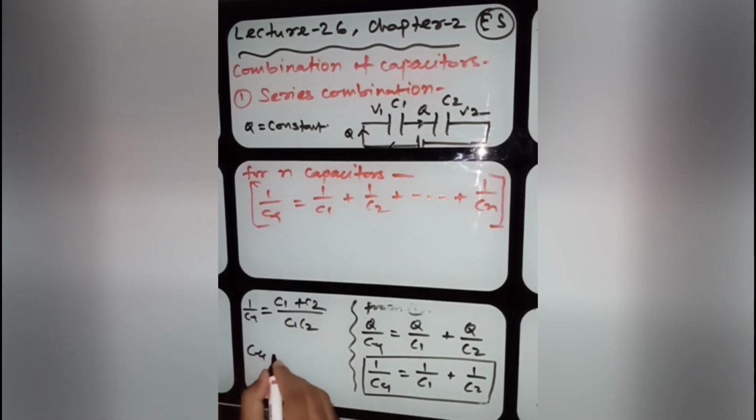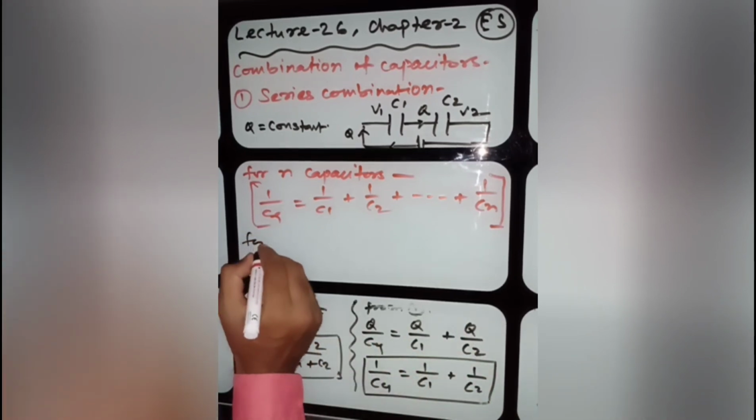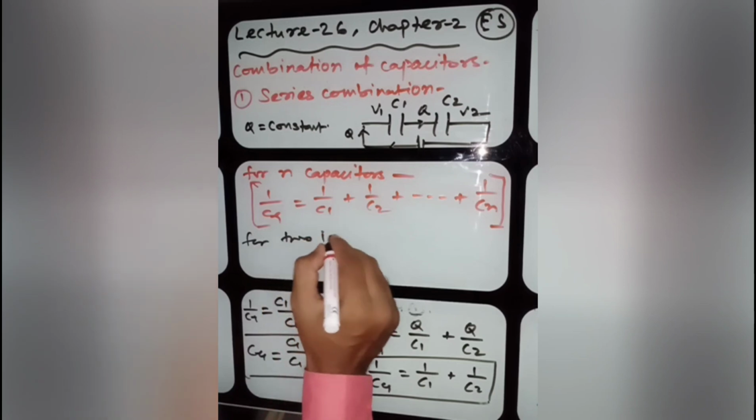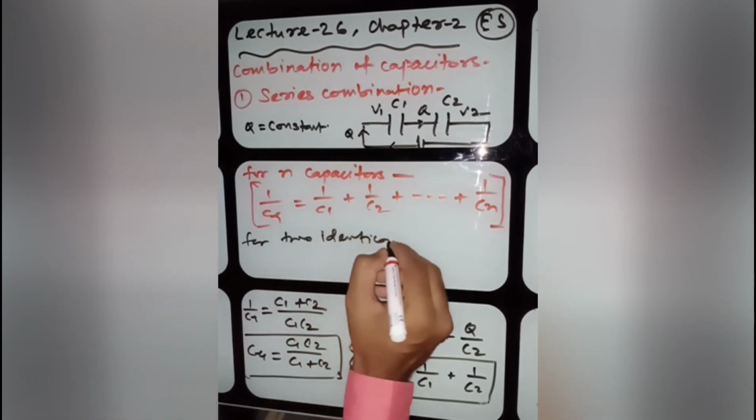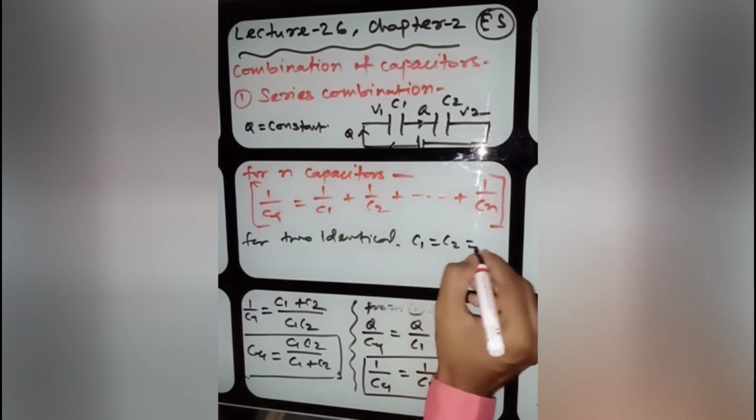So the C equivalent you have to remember directly: C1 C2 by C1 plus C2. Now if you use two identical capacitors, that is C1 equals C2 equals C.